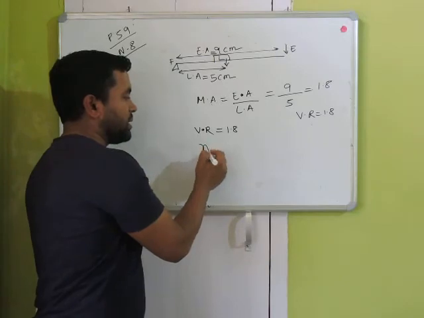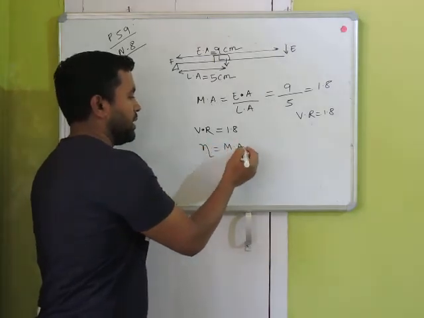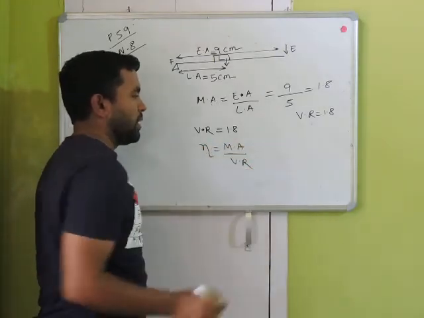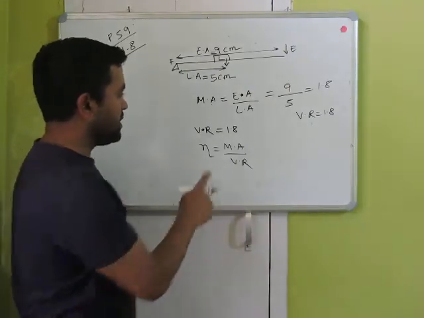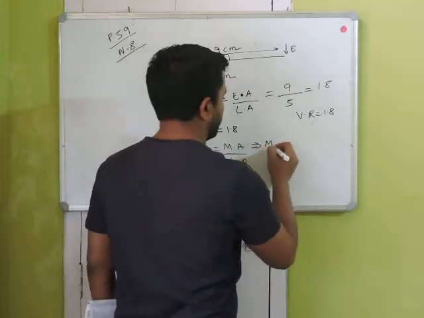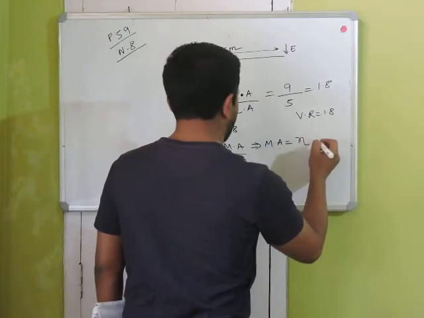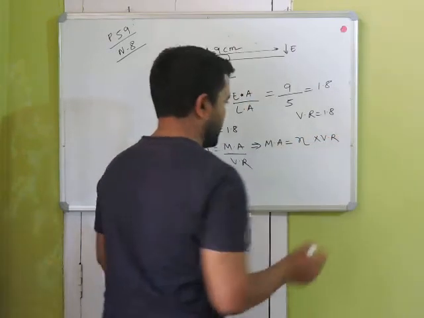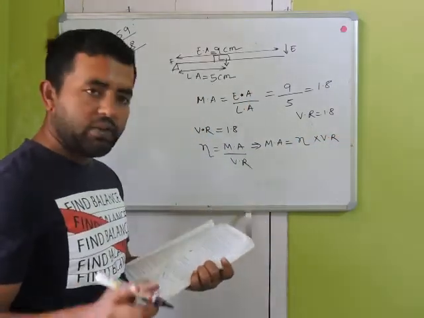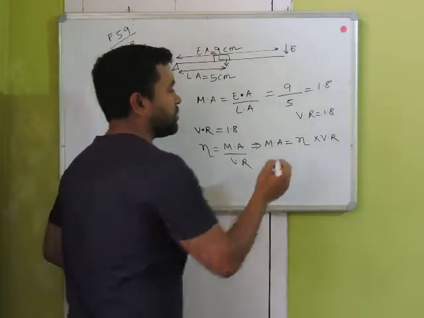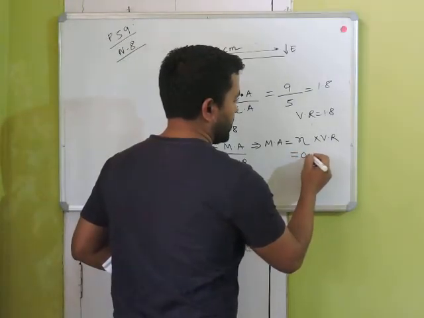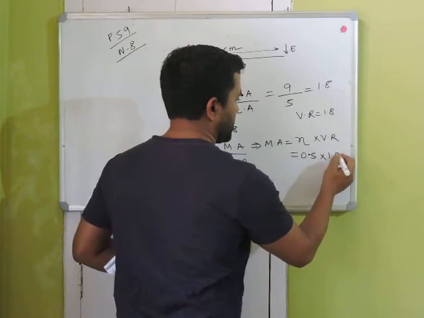Mechanical advantage, velocity ratio, you all can remember this relation. So velocity ratio is not going to change. Mechanical advantage will become efficiency times velocity ratio. Efficiency is 50%. Whenever you do a numerical, you have to convert that into a decimal. So 50% means 0.5, and velocity ratio is given.